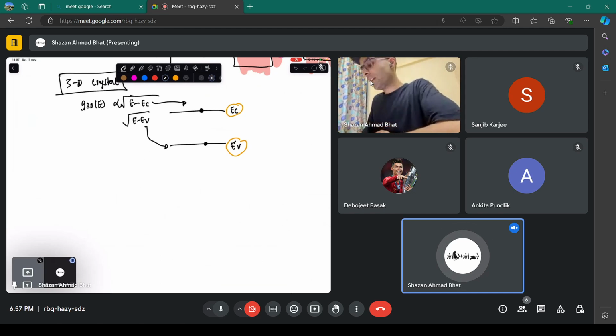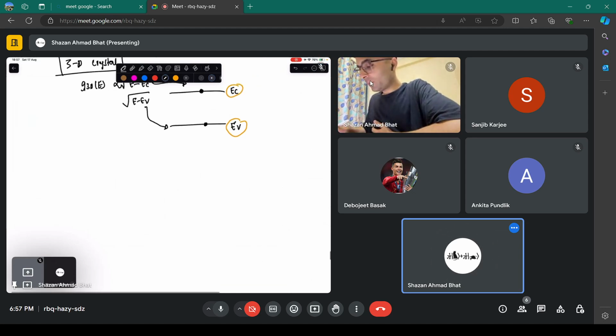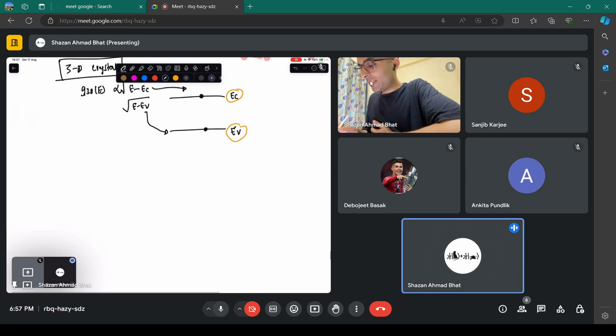So every time we write this energy, we write it with respect to a fixed level, and that's your choice. You're going to get similar results in the end. These values just set a level above which we see how many states are available. So in that context, this should actually be EV minus E.